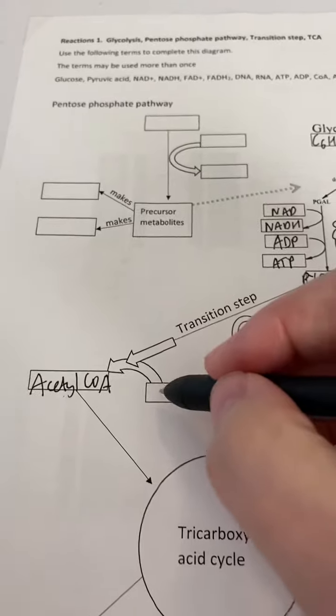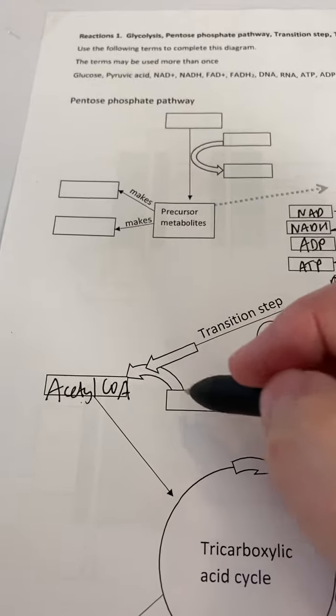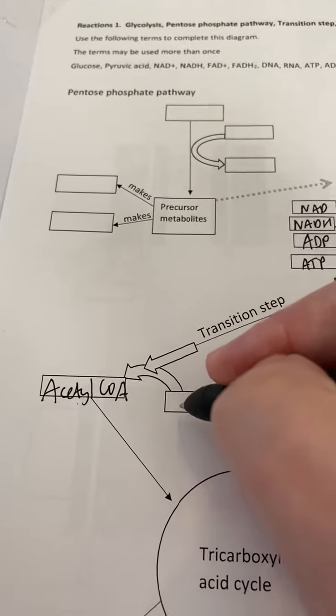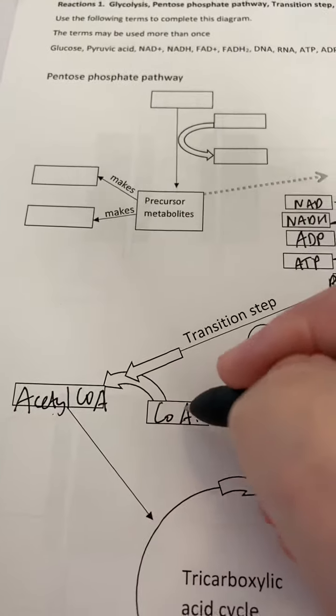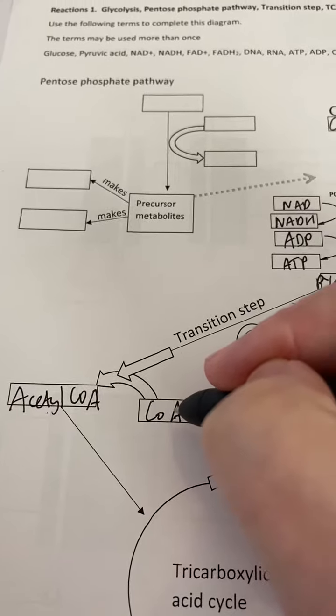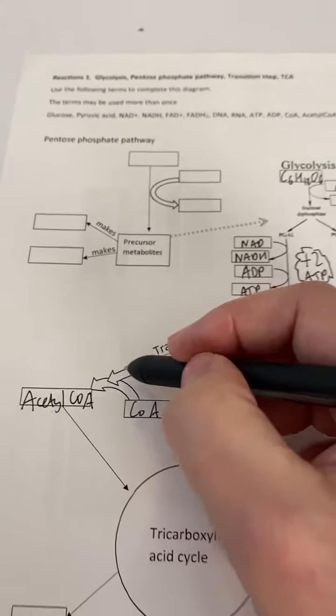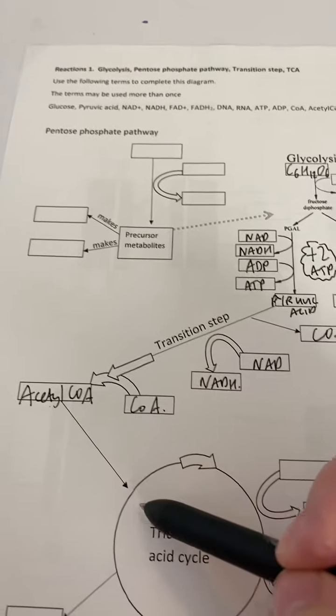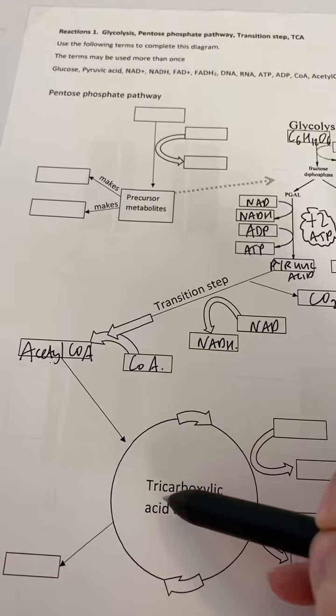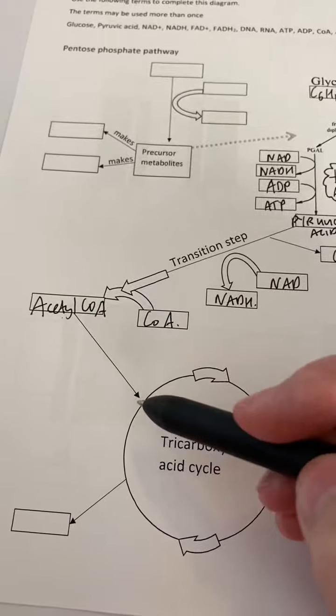And we have an enzyme helper molecule, a coenzyme called coenzyme A, also known as CoA, comes in, picks up the remaining molecules and brings them into the tricarboxylic acid cycle.